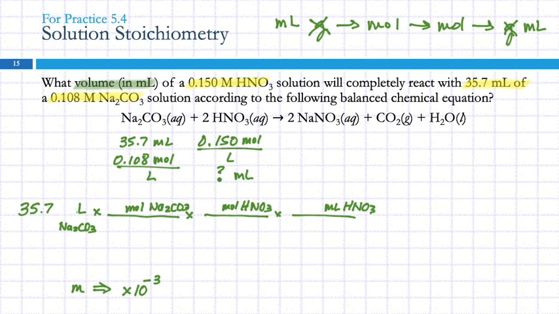So I'm going to take out the M and just write what it means, times 10 to the -3. That's a real fast way of converting from milliliters to liters. So then if I have liters down here, the liters are going to cancel out, and I'm going to have this moles per liter. In the middle, I'm going to have my mole ratio from the equation. So moles of Na2CO3.